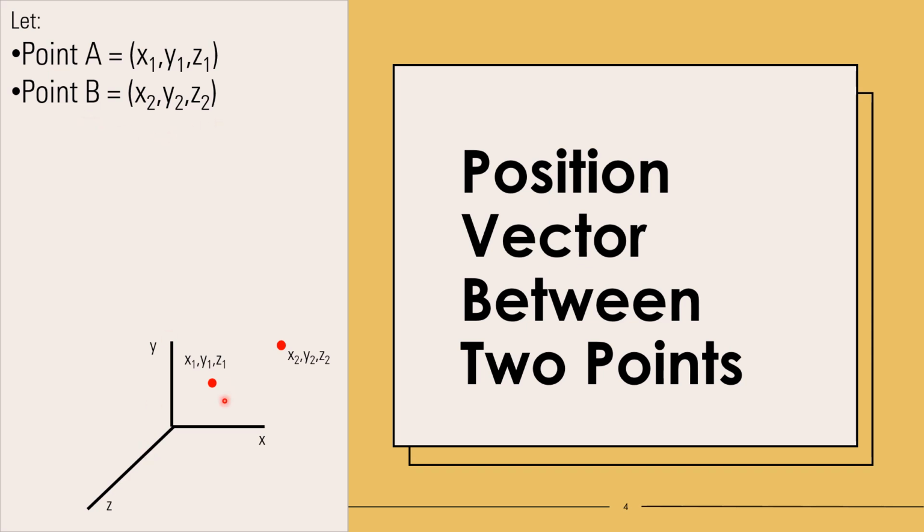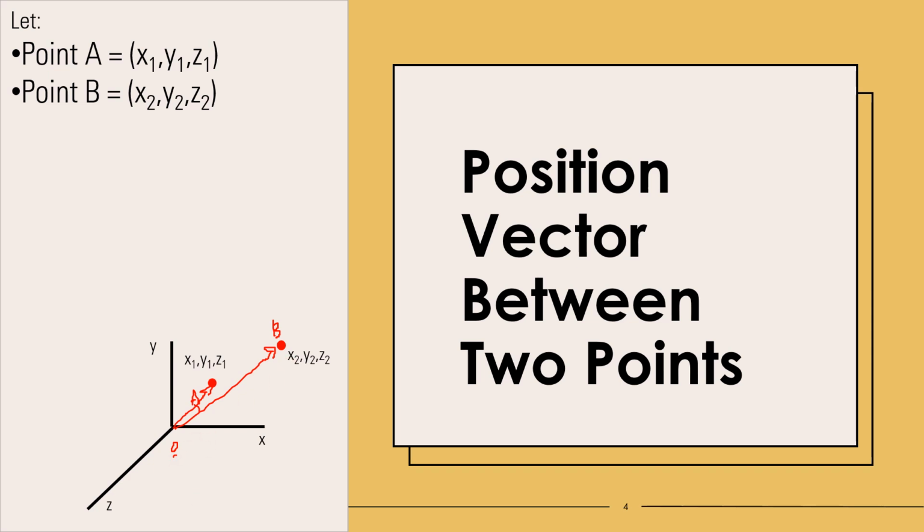So this is point A and that's point B. Now if we draw the position vectors from point O, this is the first position vector and this is the second position vector. So the first position vector is OA and the second position vector is OB.